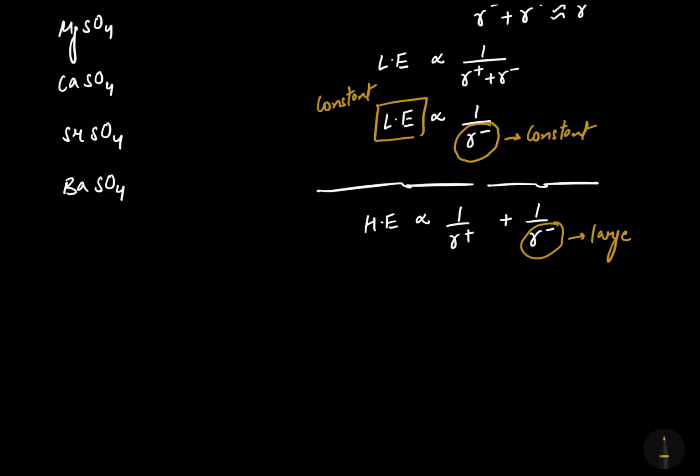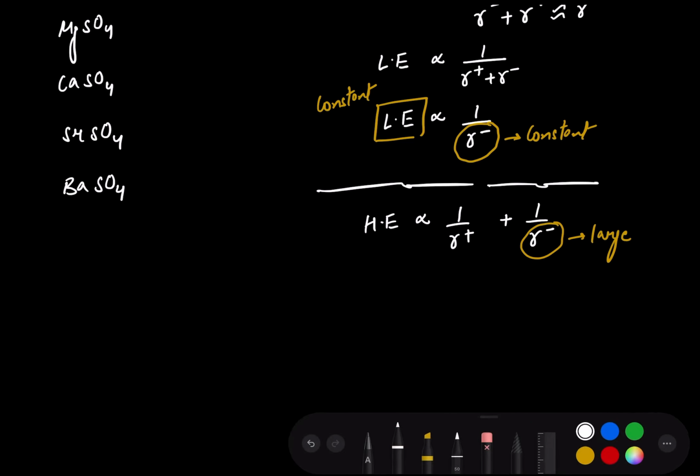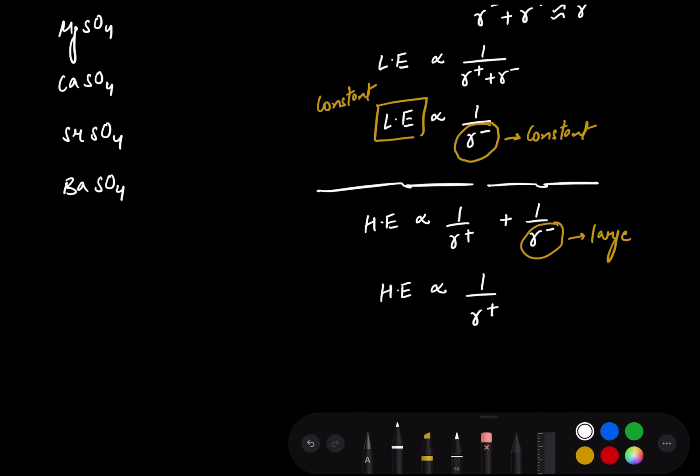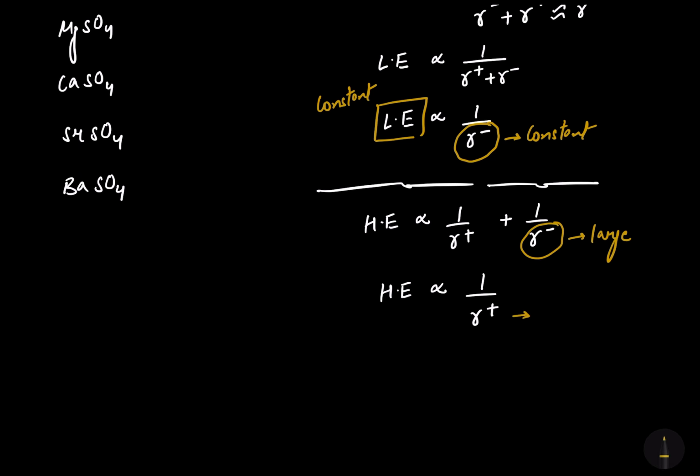That means 1 by R negative will be ignored, because the R negative value is very large, so we get a very small value of 1 by R negative. So here hydration energy will be inversely proportional to the radius of cation. Now as we move down the group, the radius of cation will increase, due to which hydration energy will decrease.